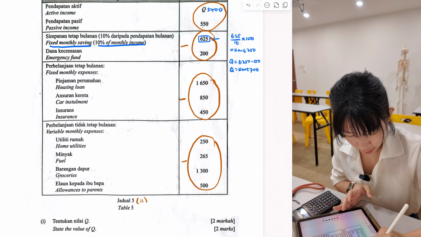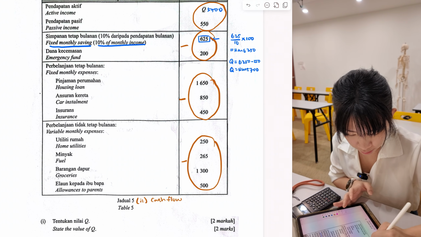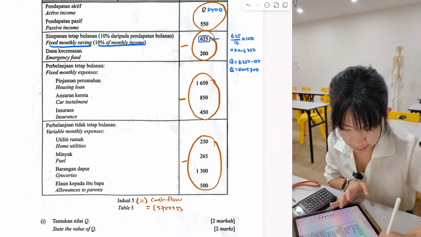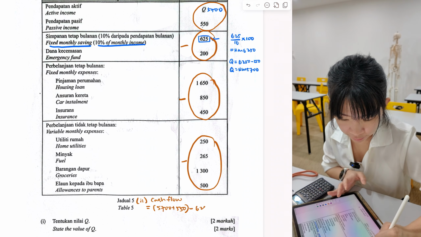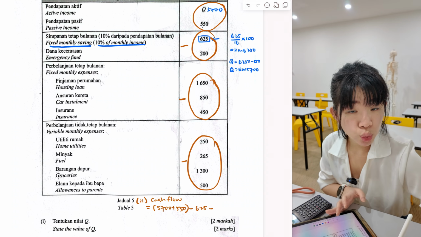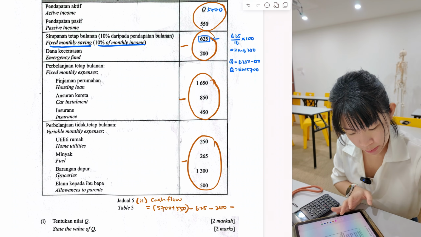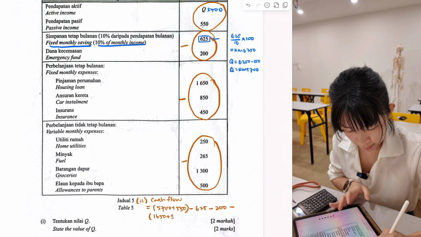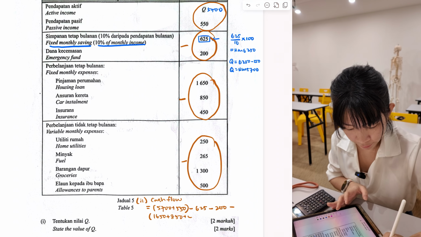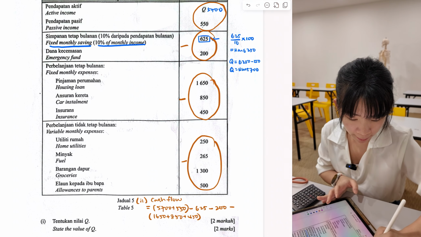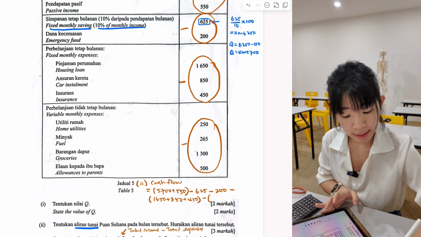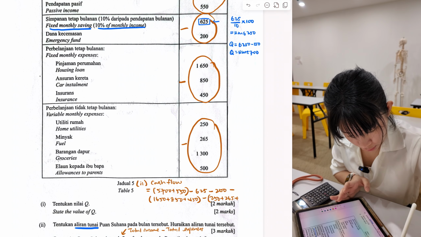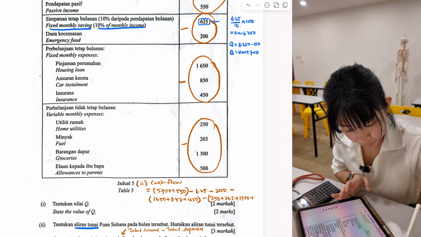Okay, part 2, right here. To calculate cash flow, aliran tunai, we have income 5,700 plus 550, minus savings 625, minus emergency fund 200. Minus the expenses: fixed expenses 1,650 plus 850 and 450. Everything here minus, and also minus the other expenses, variable expenses, perbelanjaan tidak tetap: 250, 265, 1,300 and also 500.